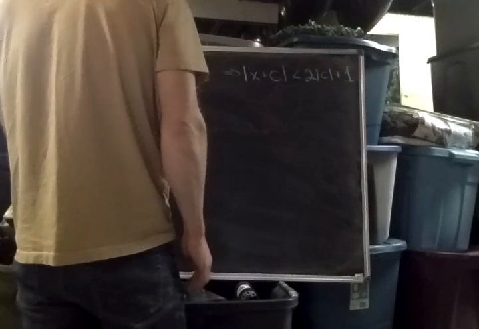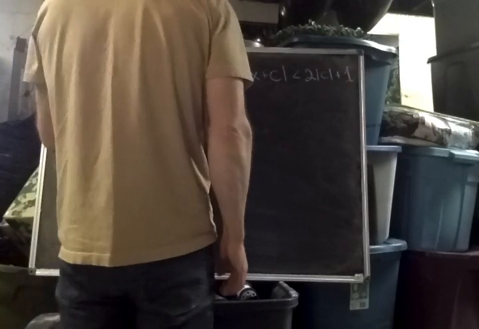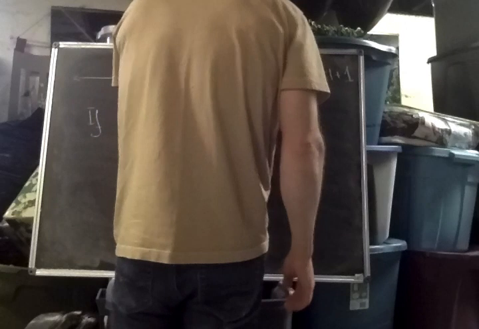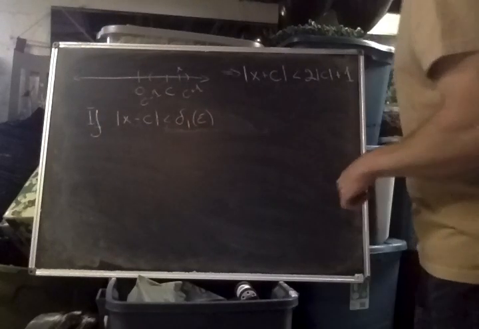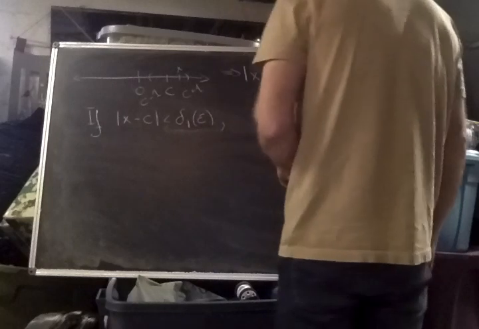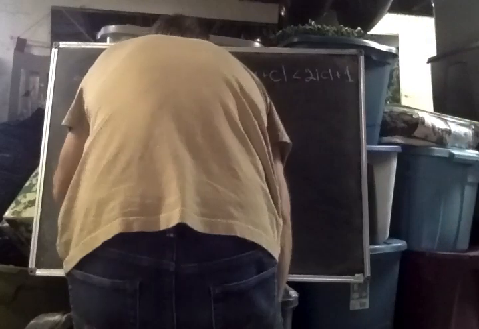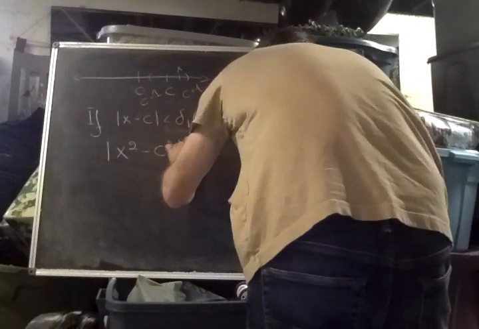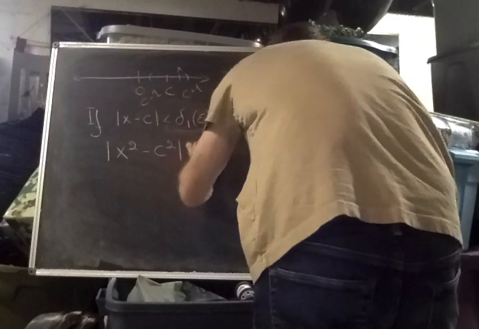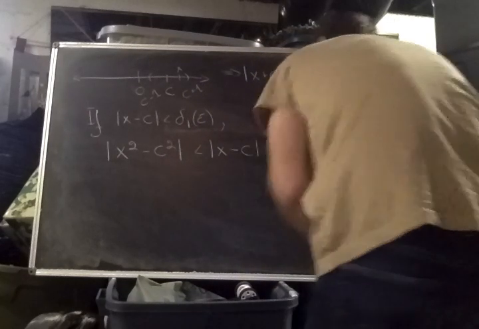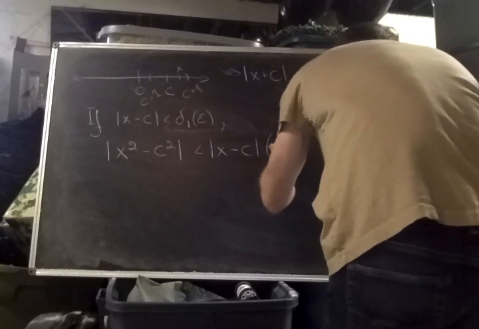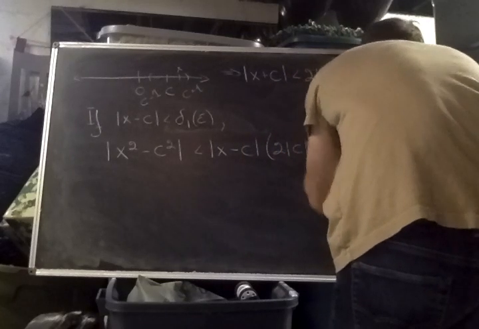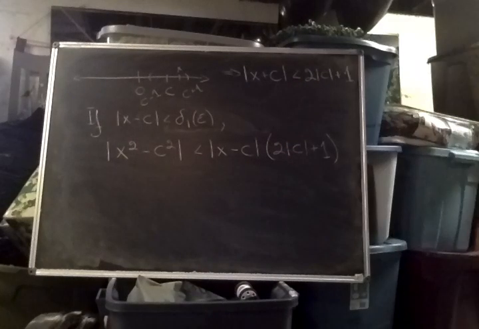So if the absolute value of x minus c is less than delta 1 of epsilon, then the thing that we would like to be less than epsilon, the difference between f of x and the limit, is strictly less than the absolute value of x minus c times this constant, 2 times the absolute value of c plus 1.